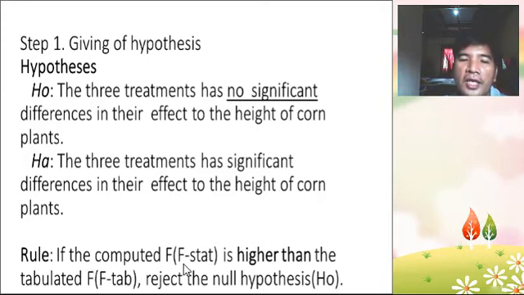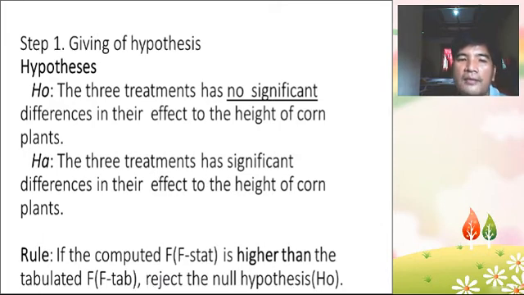If the computed F stat is higher than the tabulated F, reject the null hypothesis. If the computed F stat later on is higher than the F in the table, you have to reject the null hypothesis. If it is lower, then you have to accept the null hypothesis.